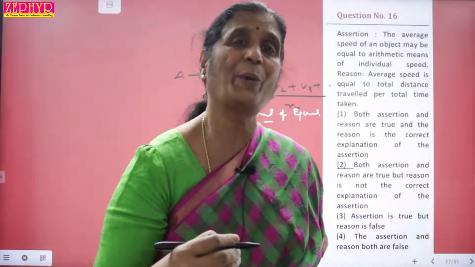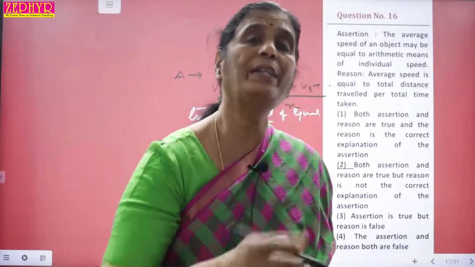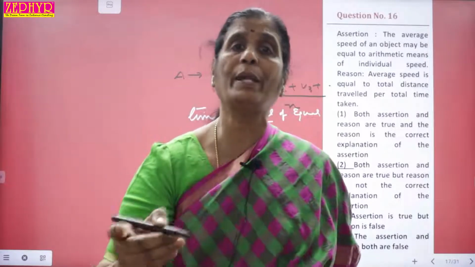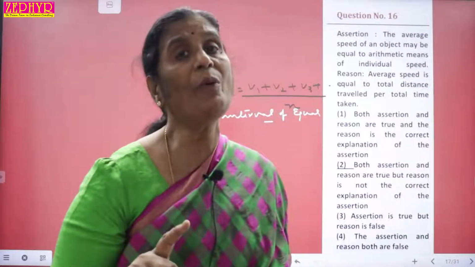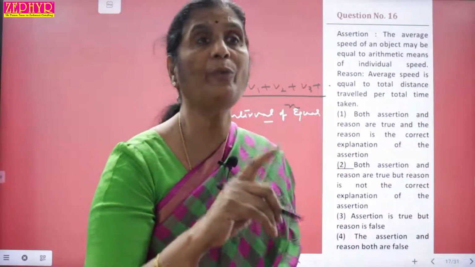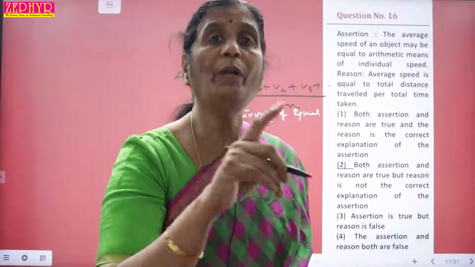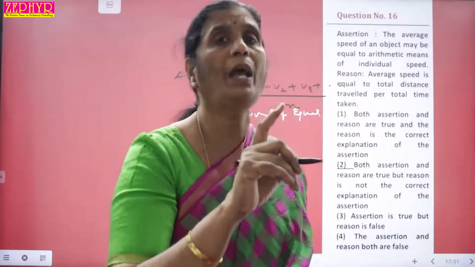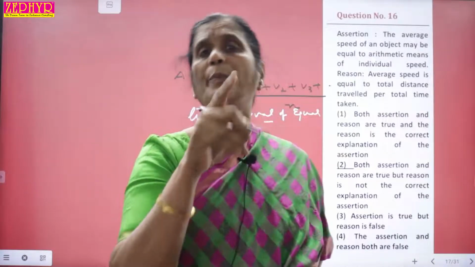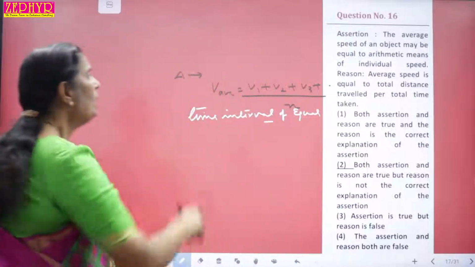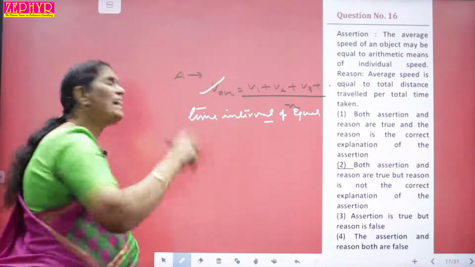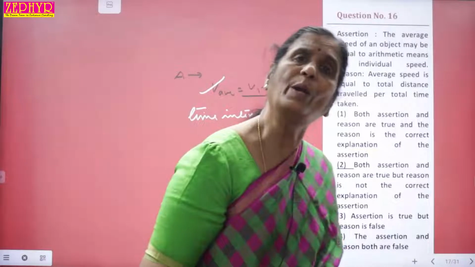That is what the problem stated. If the time intervals are equal, then only will the average velocity be equal to the mean. If the time intervals are not equal, then it does not work that way. Then it becomes 1 by V1, or 2 V1 V2 by V1 plus V2, the reciprocal form. So this is correct under the condition that time intervals are equal.